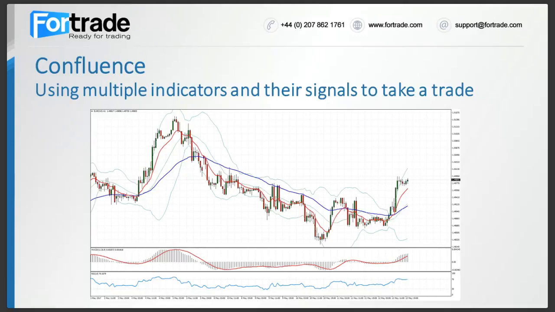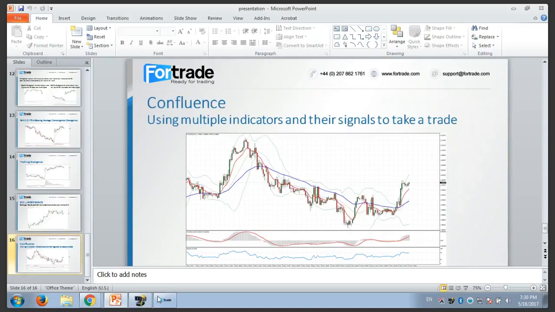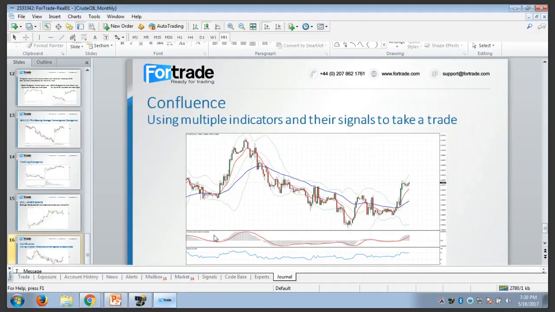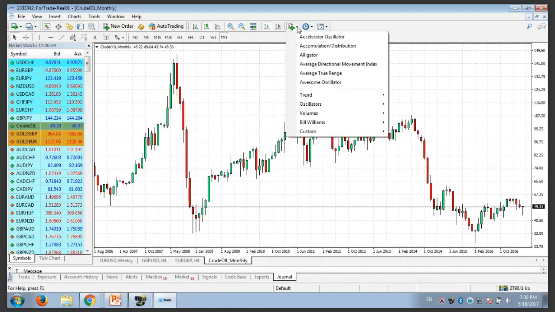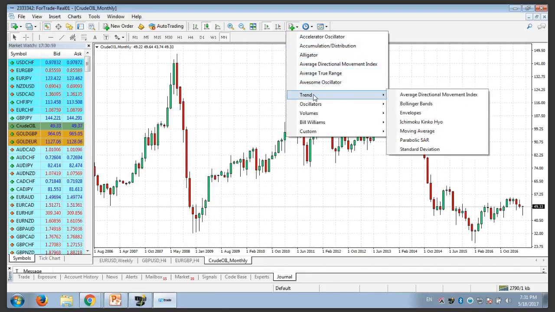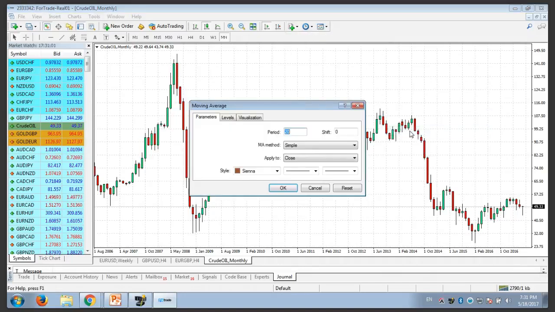Okay, so now I will show you on MetaTrader how to implement these indicators. Here, you open the indicator list, go to trend, and here you have a moving average. In the parameters you write your period. For the slower one, it's 50, for example.